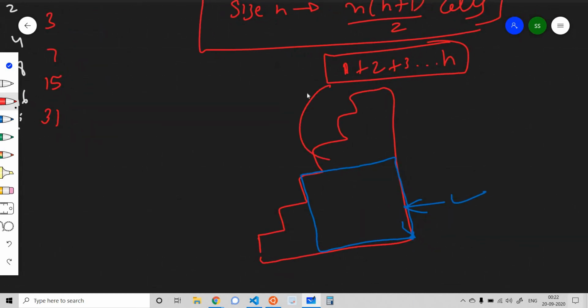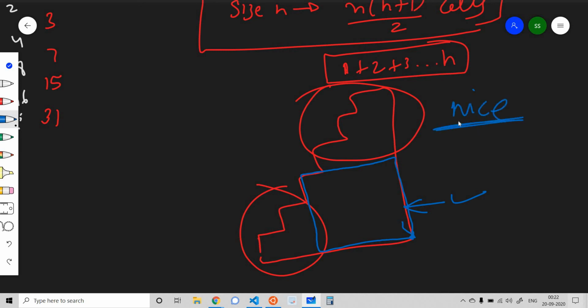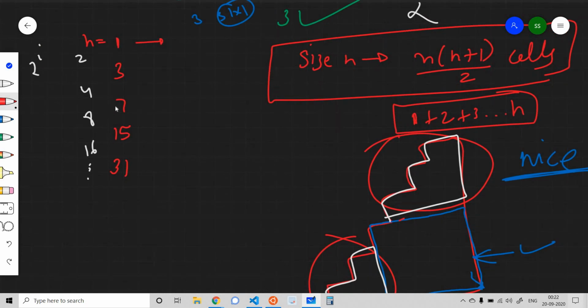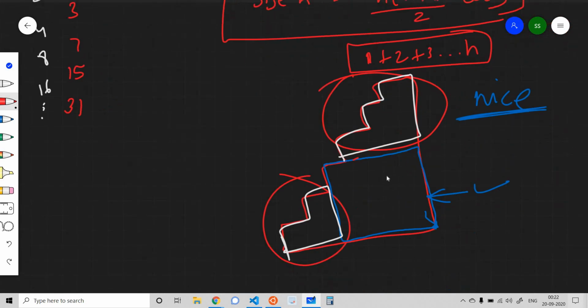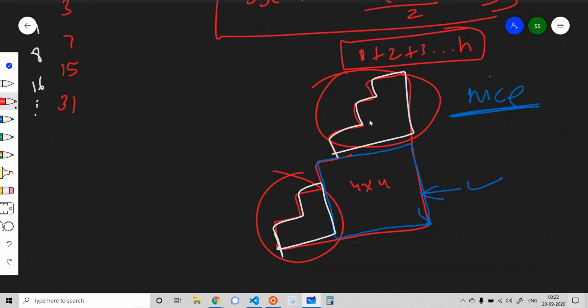Now we need to cover these two parts. To cover these two parts, they must also maintain the property of what they are calling a nice staircase. In a way, this staircase should also be a nice staircase, and this must be a nice staircase. So it can only be possible, suppose we are talking about a staircase of size 7, then this would be a 4 by 4, and this would be a staircase of size 3, and this would be a staircase of size 3.